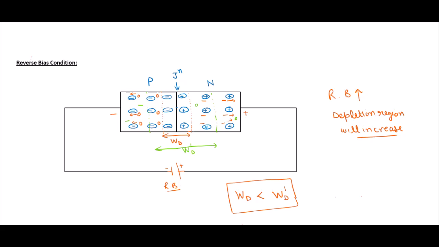Then the electric field between the immobile ions could lead to rupture of the covalent bonds. And when these covalent bonds break, a flood of charge carriers is generated and takes part in the reverse saturation current. So the current increases very sharply after the breakdown.